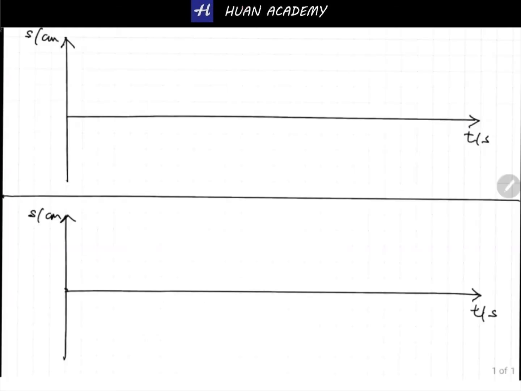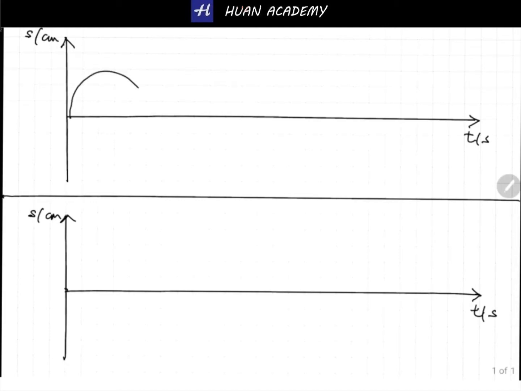Okay, so let me highlight the common mistake made by students when they are asked to sketch the graph of displacement versus time for a damping system. This question has already been asked a few times in the history of SPM. So let me highlight where the mistake is.